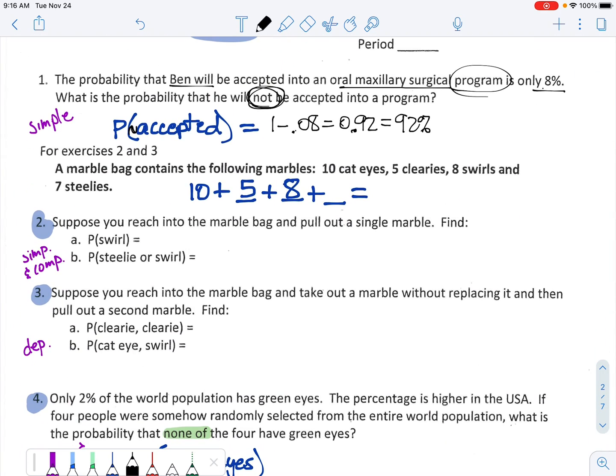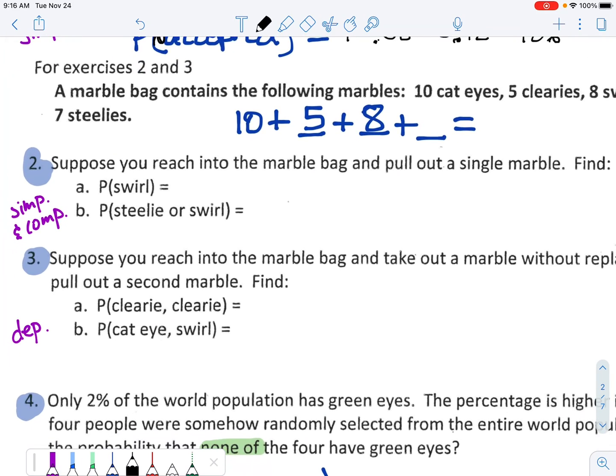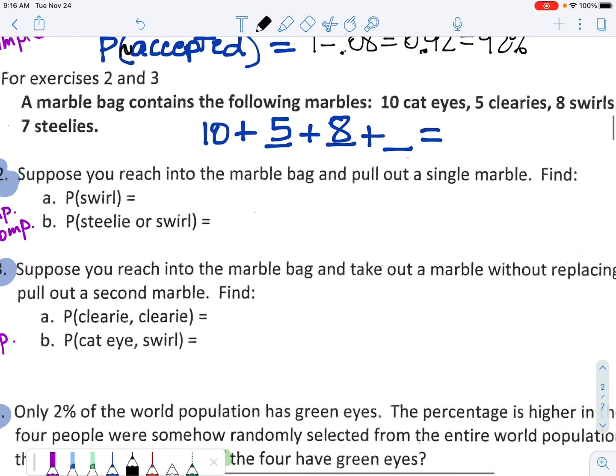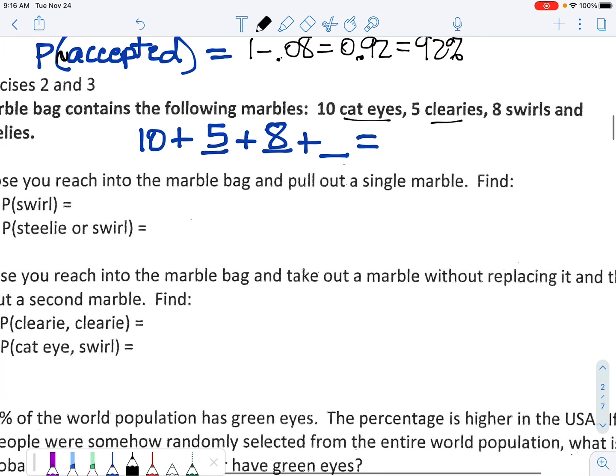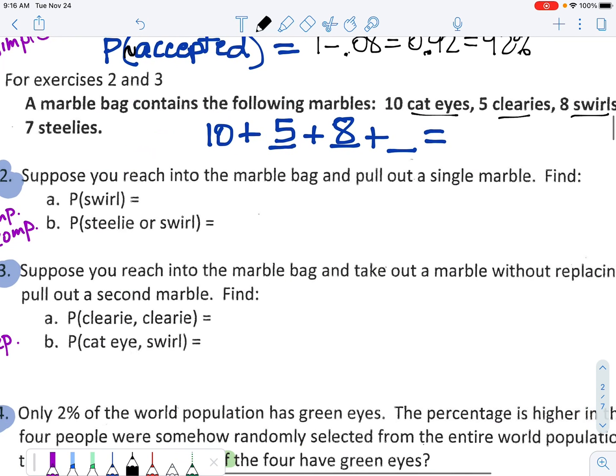And looking at pulling marbles out of a bag. If we have 10 cat eyes in a bag and 5 clearies and 8 swirls and 7 steelies, then we would have, I think that's 30 total. Let's see, 8 and 7 is 15 and 5 is 20, 30. 30 total marbles. So make sure you know that.